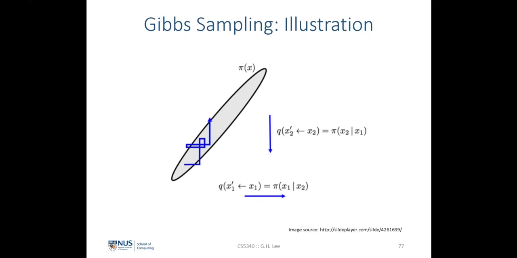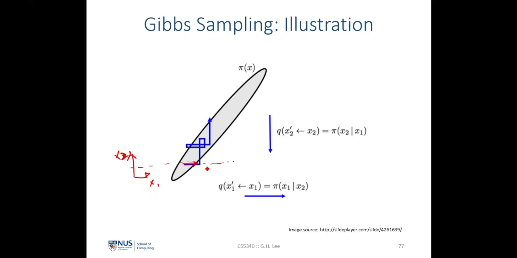Now, here's an illustration of the Gibbs sampling algorithm. It's similar to the block coordinate descent optimization algorithm, where in this case we only have two random variables, x1 and x2 over here. When we are sampling for x1, we hold x2 constant, and we move along the axis of x1, where x2 is held constant at this particular value here.